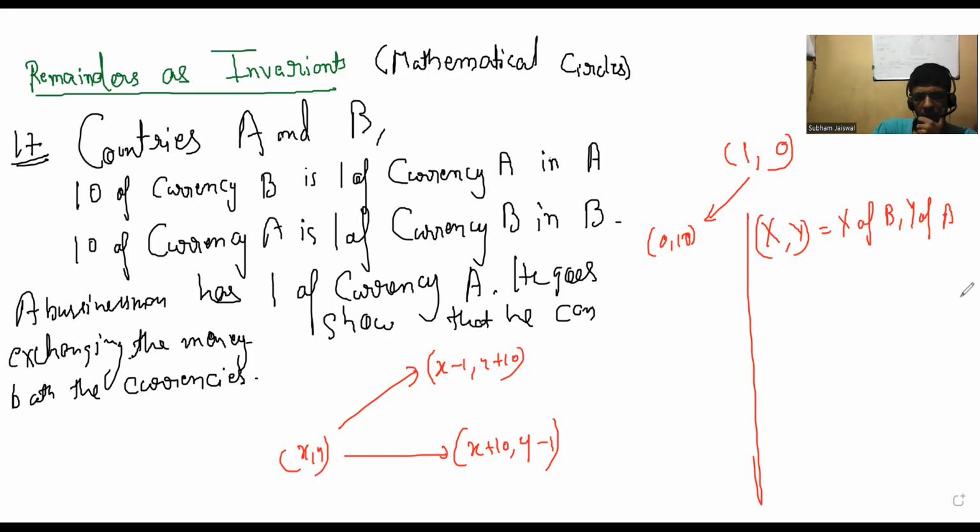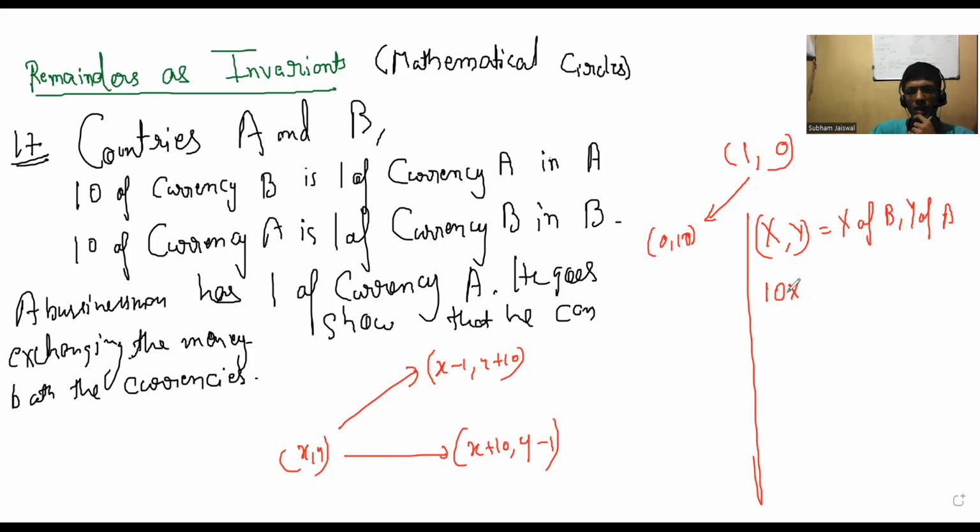Yeah, I mean, if you have x of currency A, x of currency B, then it means that if you have 10, you can do 10x of, no, but it depends on which country you are in, right?